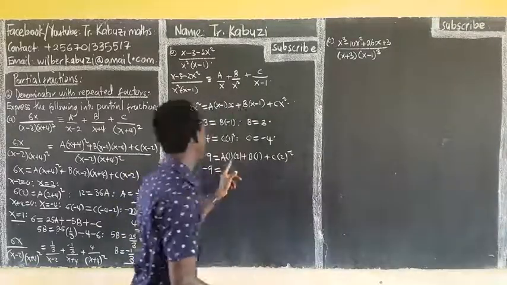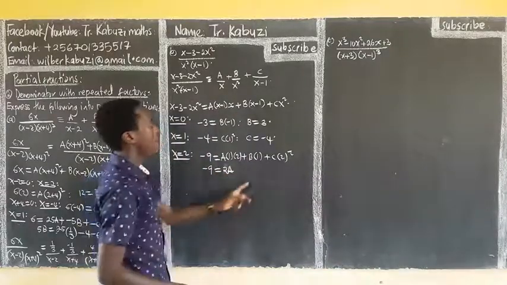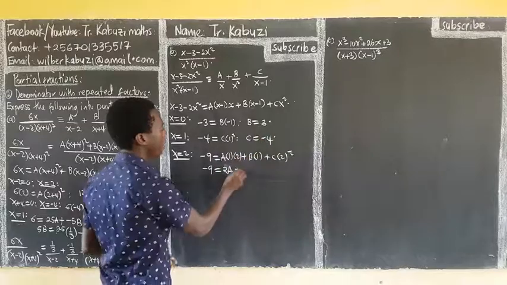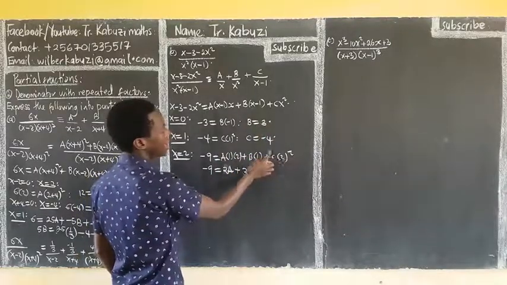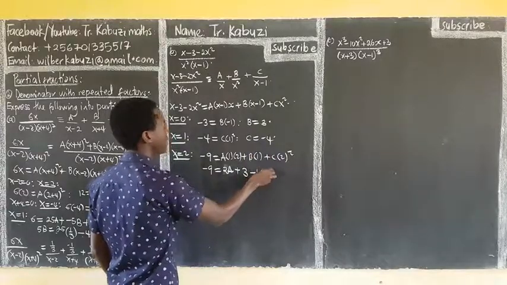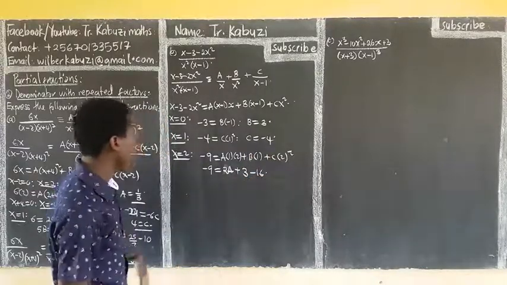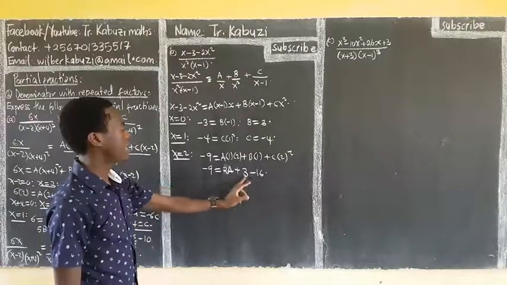So here I'm having this times this 2, so I have 2a. My b here is 3, so plus 3, because b is 3. Then c is negative 4 times this 4, we get negative 16. Next, this will be negative 13.